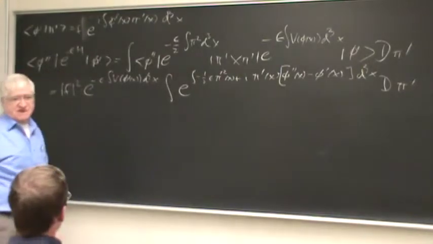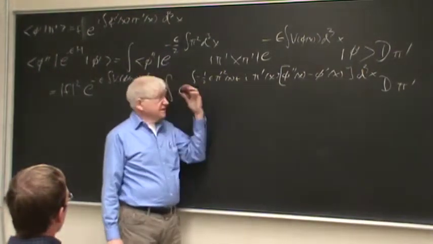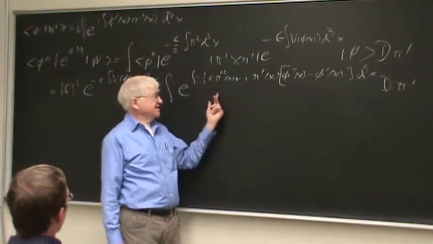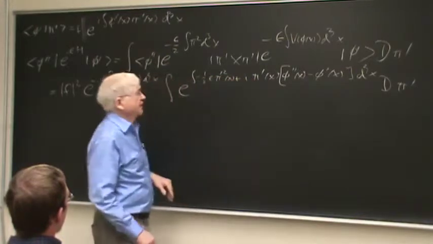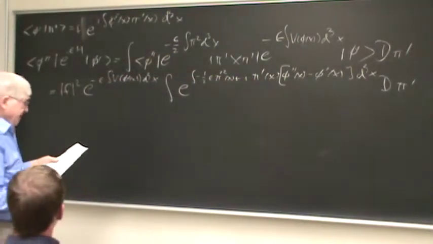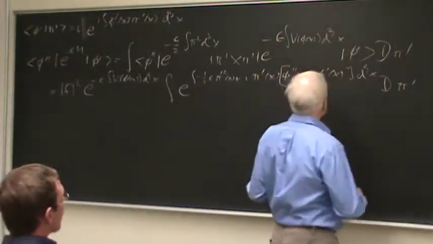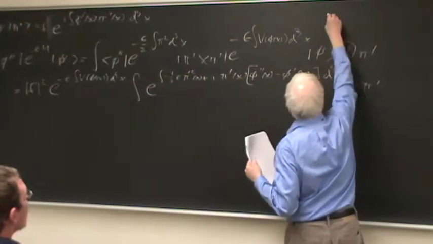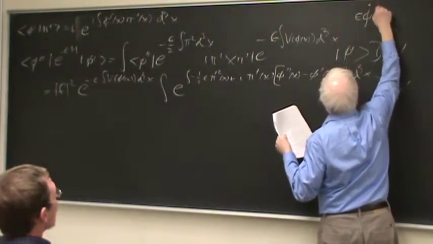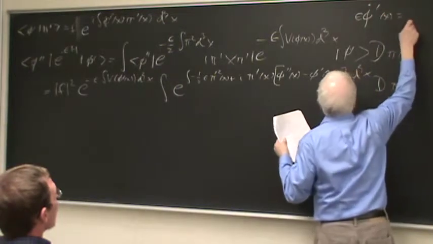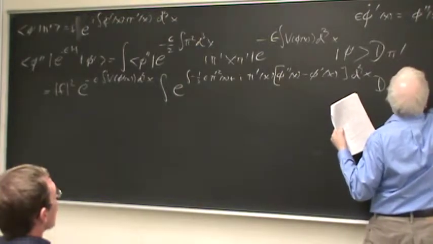Well, this is our Gaussian integral again, and you can imagine space on a lattice, and you just do the pi integration separately at each point of the lattice. And we then pull this notational stunt. Namely, we say that epsilon phi dot prime of x is phi double prime of x minus phi prime of x.